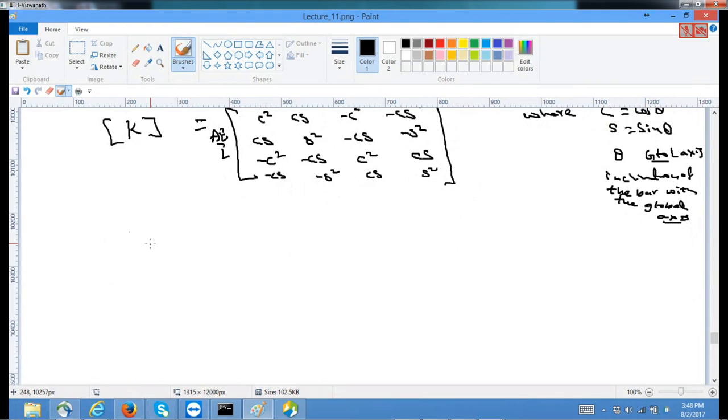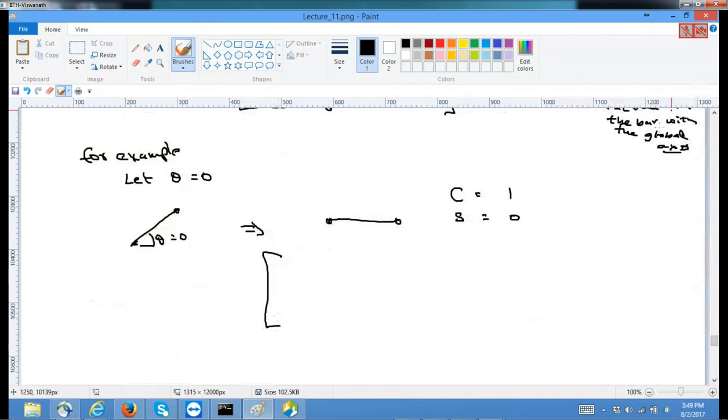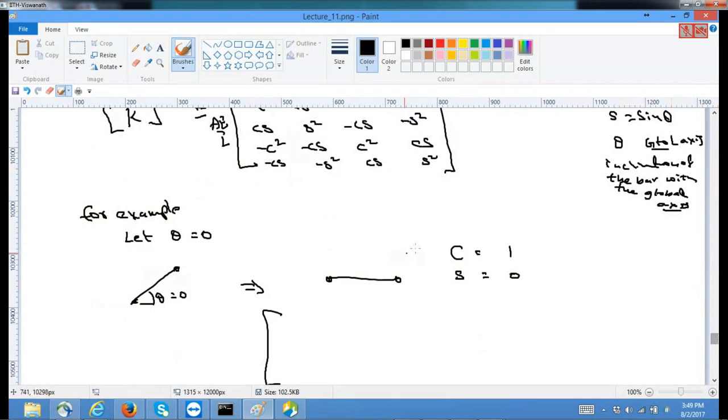For example, let theta be equal to 0. That implies it is a horizontal member. We know the horizontal member should give back the original matrix. So substitute: c is cos 0, which is 1, and s is 0 in this case. For that it will represent back.